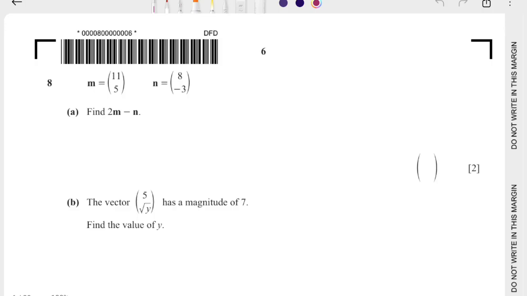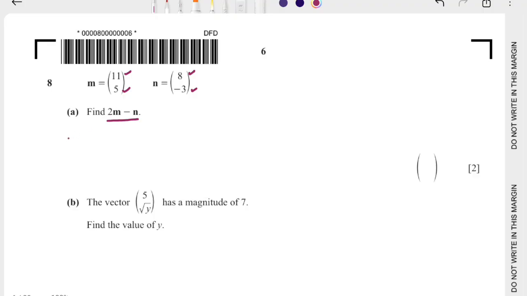Question number 8. m is equal to (11, 5). n is equal to (8, -3). Find 2m minus n. This is a very simple question. We'll multiply the components of m by 2.